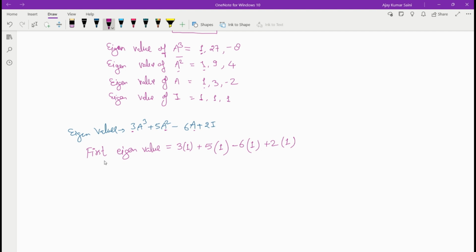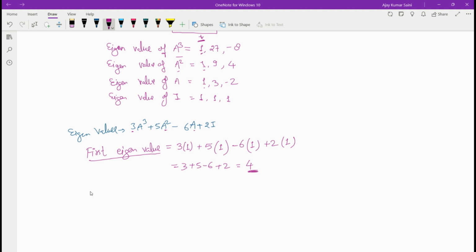So for the first eigenvalue I take the first value from all of these. I calculate 3 plus 5 minus 6 plus 2, which is 10 minus 6, equal to 4. So the first eigenvalue is 4.